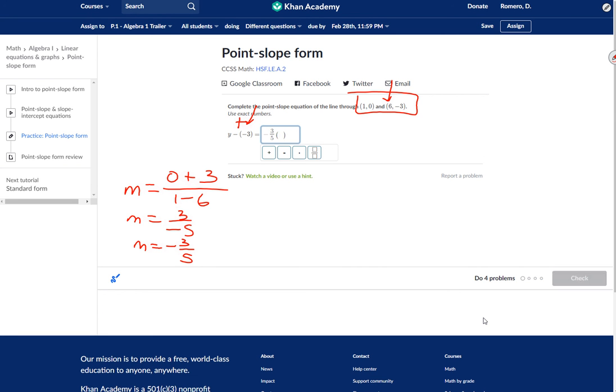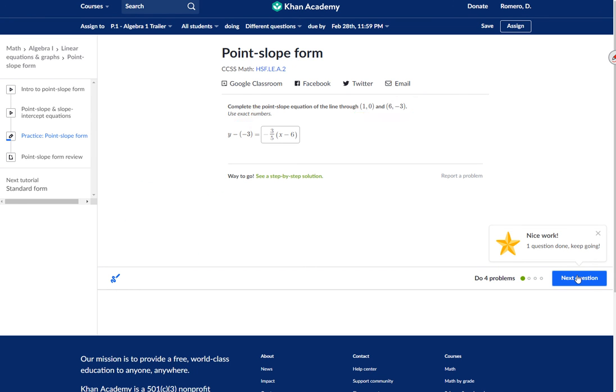Parentheses. And because they use the -3, you have to use the x that goes with the -3. So x minus 6. Did I close the parentheses there? Yeah, close the parentheses.